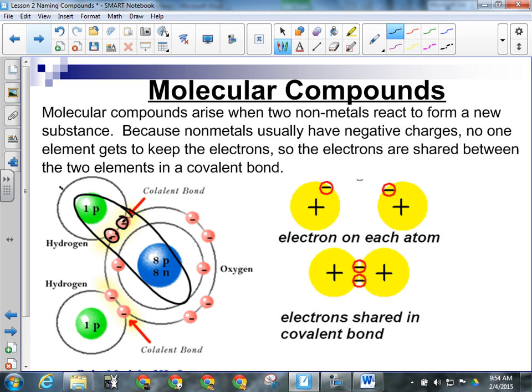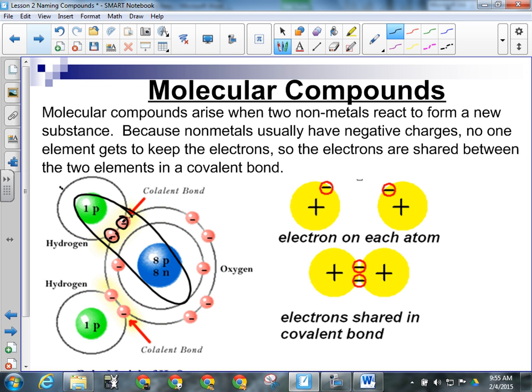That makes these far stronger bonds, which is why most of the time molecular compounds are not as soluble in water as their ionic counterparts. Examples of molecular compounds would be things like butter. Does butter dissolve in water? No, nothing oily dissolves in water, right? And oils are molecular compounds.